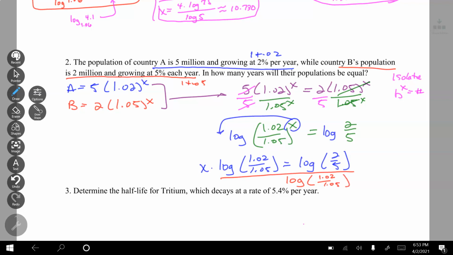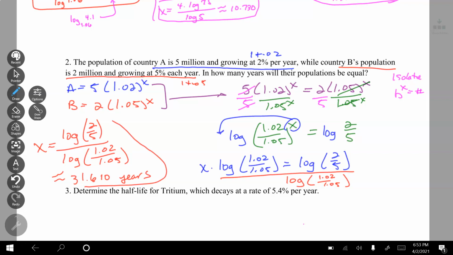And I get x equals log of 2/5 over log of 1.02 over 1.05. And I put this in my calculator, and I get 31.610 years is how long it would take for those two countries to equal each other.